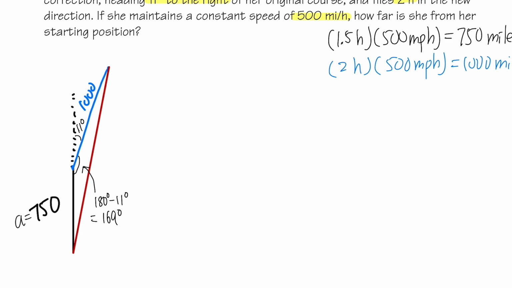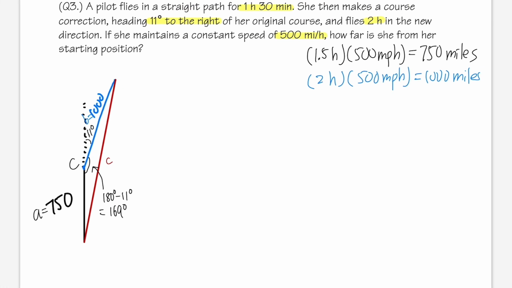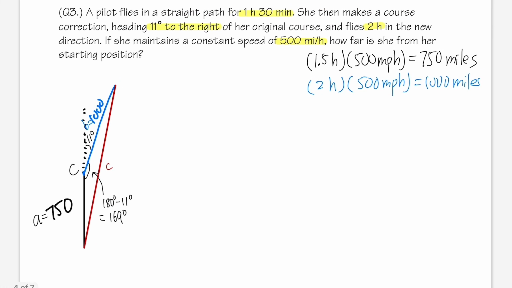And now let's just go ahead and do some labeling. So we can say this right here is my A, and let's say the blue one is the B. And let's say the angle right here is C, and the side right here is little c. And we can use the law of cosine. So here we go. We know that c squared is equal to a squared plus b squared minus 2ab times cosine c, and just take the square root on both sides. C is equal to the positive square root, of course, for the distance.